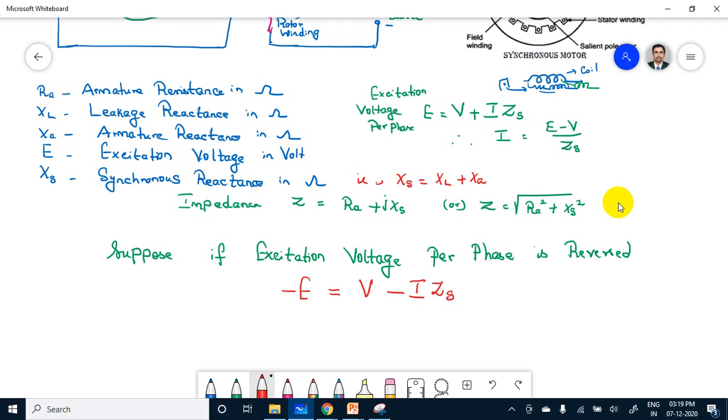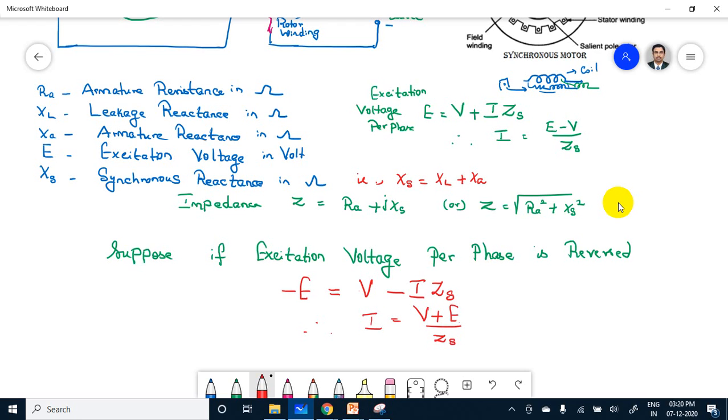Okay, if I change the terminal voltage, that is excitation voltage, terminal positive, negative, I get the sign negative, minus E, and this will affect my current also. Therefore I equal to V plus E by Zs.